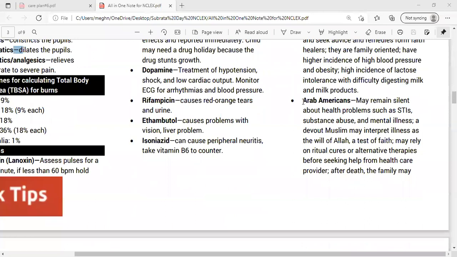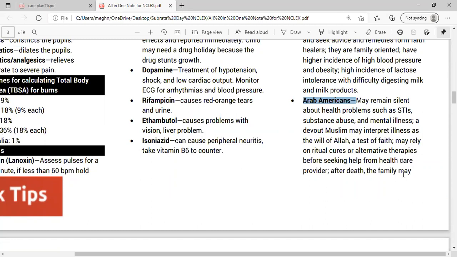In case of Arab Americans, they may remain silent about health problems such as sexually transmitted infections, substance abuse, or mental illness. Also, devout Muslims may interpret illness as the will of Allah, a test of faith, or may rely on alternative therapies before looking for help from a healthcare provider.